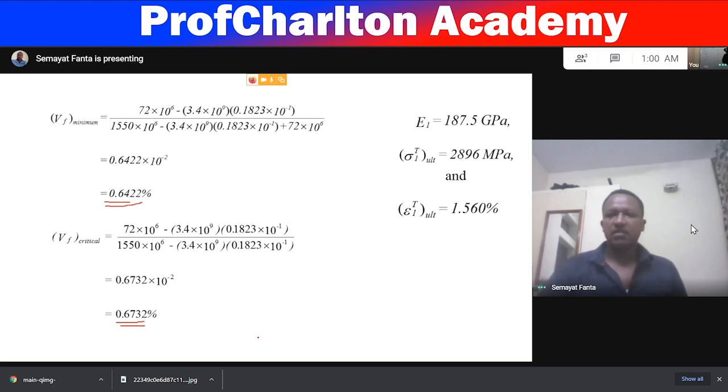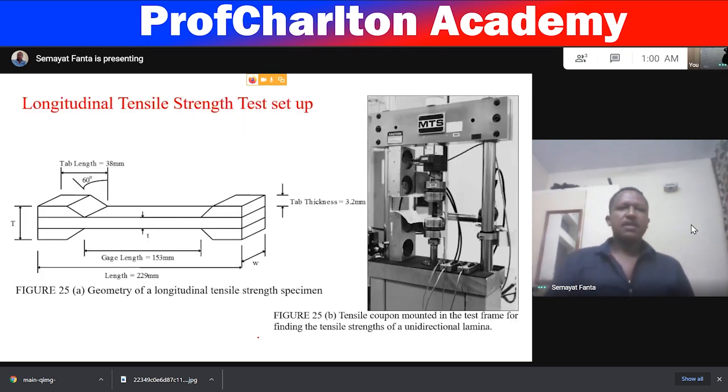Now, another important thing is how we can experimentally check the longitudinal tensile strength. In experimental work we have to prepare a proper specimen.